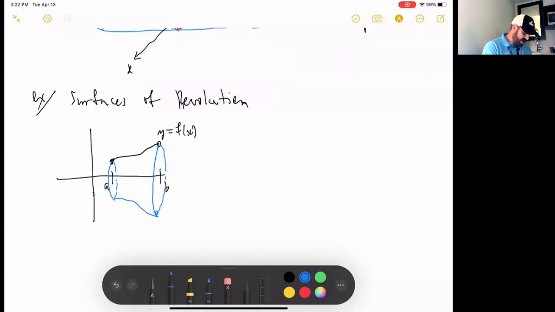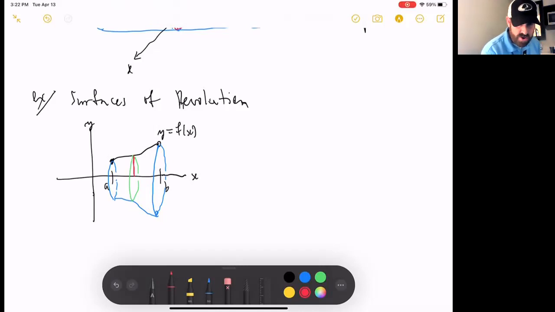Now, what do we get every time as I move around on the x-axis here? This is, of course, the y-axis. As we move around on the x-axis, every time we get a circle. It's kind of like the washer method for these surfaces of revolution.